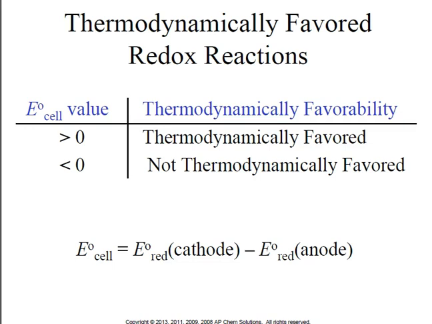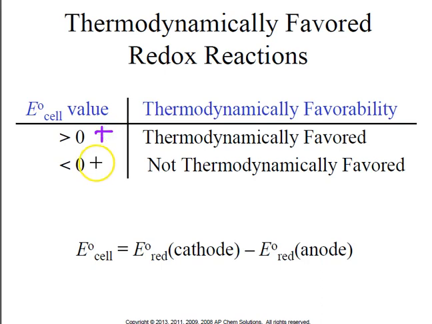So to start off, we want to talk about what redox reactions are thermodynamically favorable and which ones are not. And this is dependent on the E cell value. If your E cell value is positive or greater than 0, then that reaction will be thermodynamically favorable.